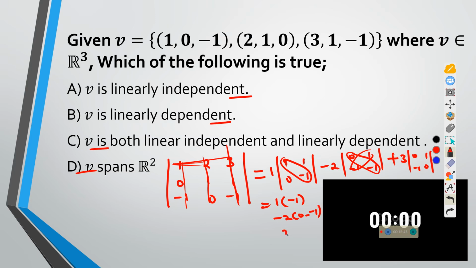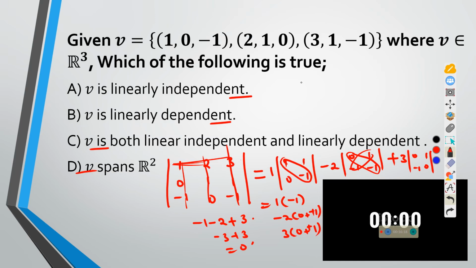Then this is 3 into 0 minus negative 1. So this will give us negative 1, this is minus 2, this is plus 3. So looking at this, you realize that we have negative 1 minus 2, that is negative 3, then plus 3, and this will give us a 0.